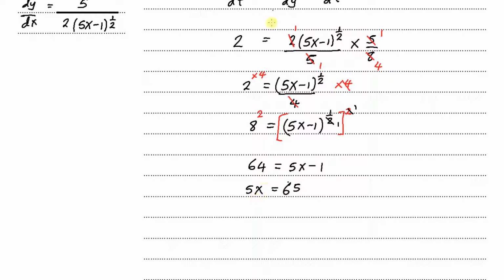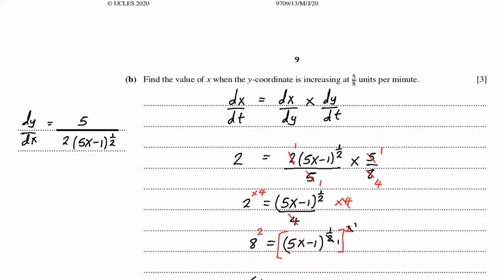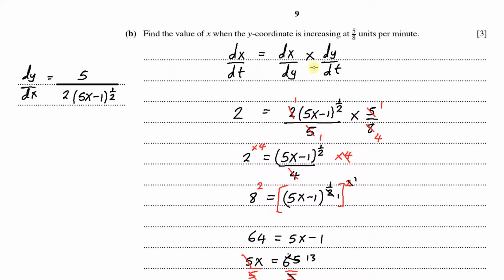And dividing both sides by 5, I'll get the value of x coming out as 5 into 65, that's 13. So x is equal to 13. And this is the answer right here for part B. That's the value of x when the y-coordinate is increasing at 5/8 unit per minute.